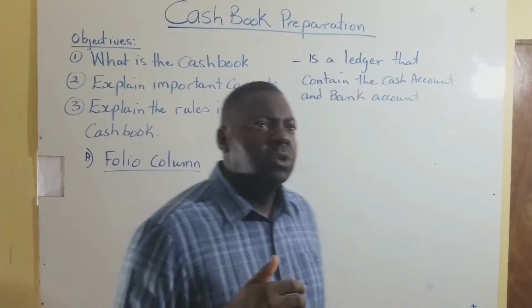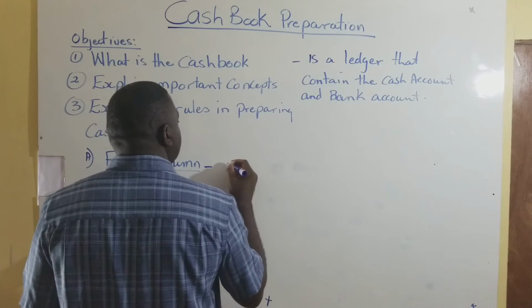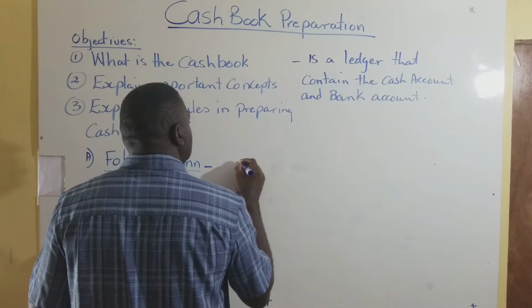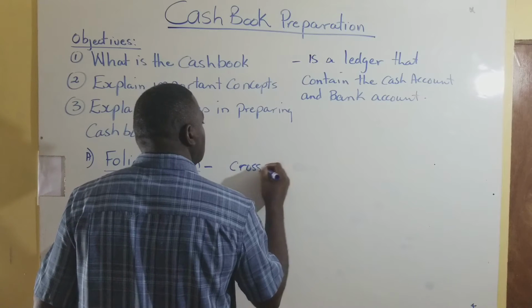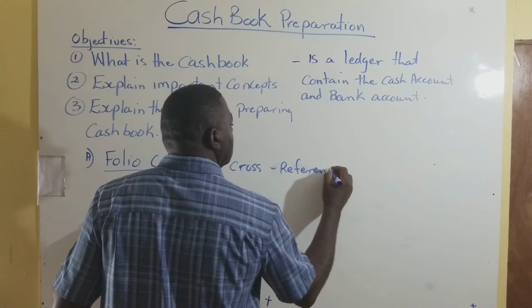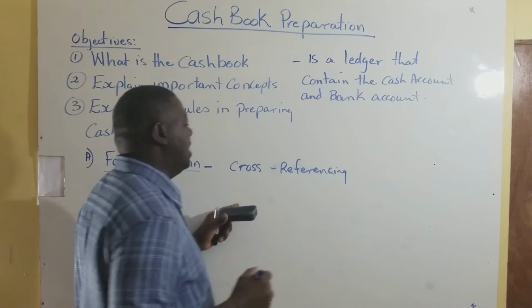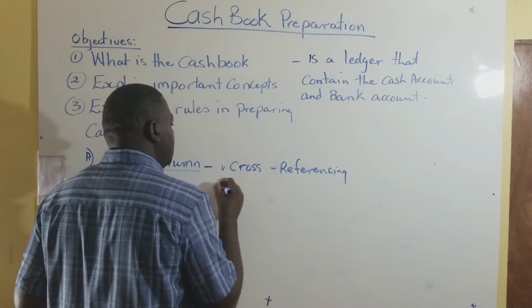It is done to be able to track. So the folio column is used for cross-referencing. Used for cross-referencing. And why?